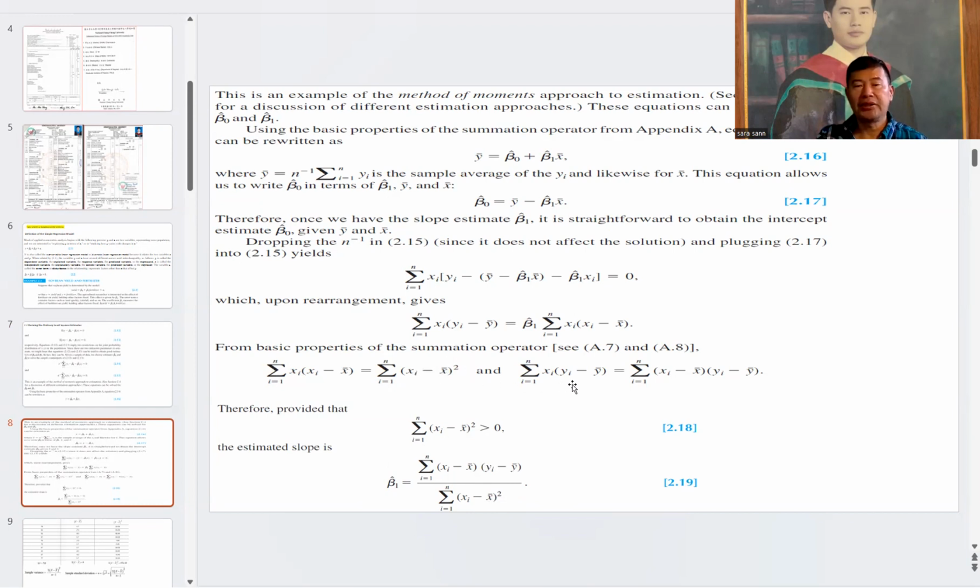And the right side, summation i = 1 to n of x_i multiplied by (y_i minus y bar) equals (x_i minus x bar) multiplied by (y_i minus y bar).